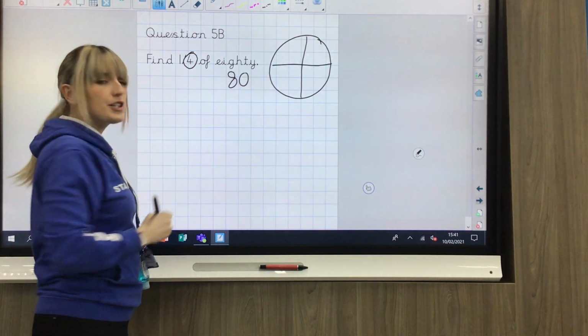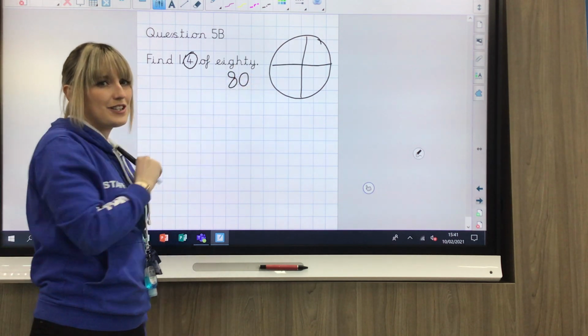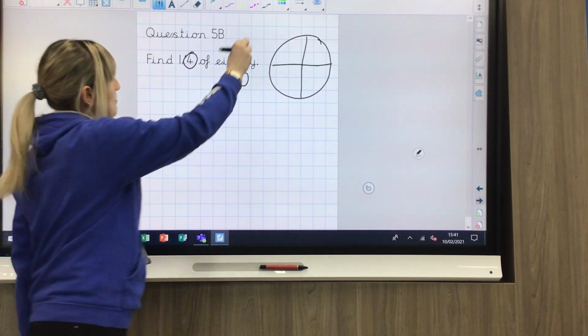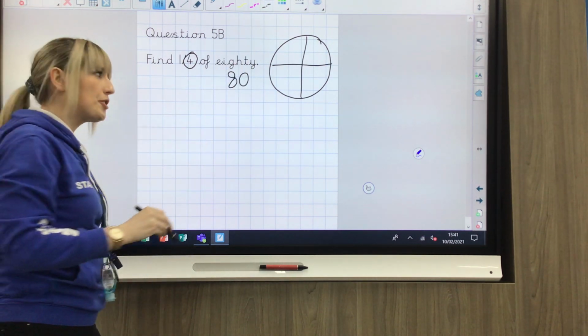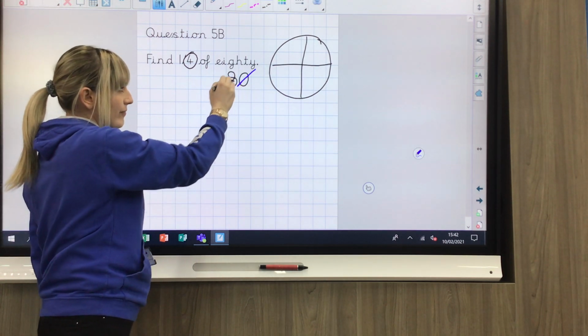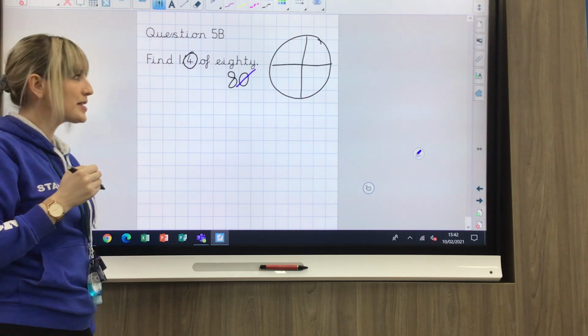Now, it's going to take you a long time to draw 80 dots, isn't it? So, what my top tip is today, you're going to pretend that you haven't got 80, you've got 8. So you're making that number 80 10 times smaller.